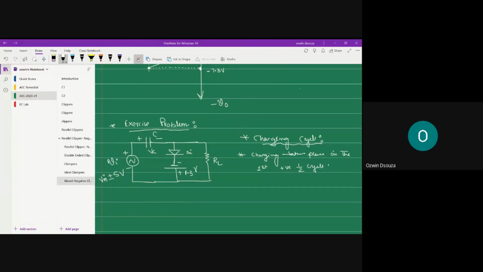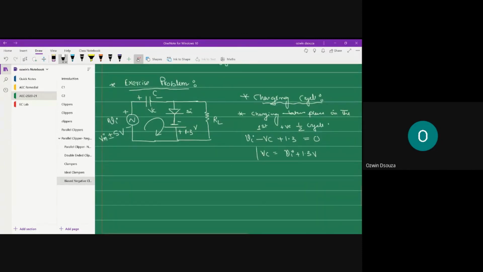Okay, so there you are. You can put the direction for applying KVL. So what do you get? Vi minus Vc plus 1.3 is equal to 0, or Vc is equal to Vi plus 1.3 volts. So this is your KVL equation for the capacitor voltage.